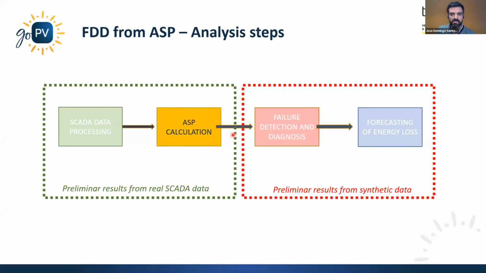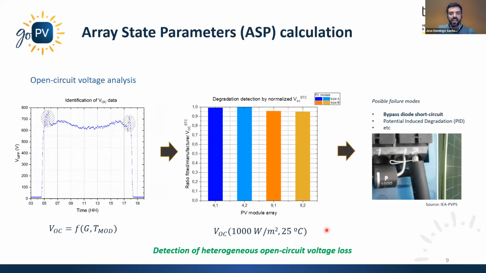The next step of our failure detection tool is the calculation of the array state parameters, which provide us with information about the state of health of our PV array. I'm going to present you a couple of examples.